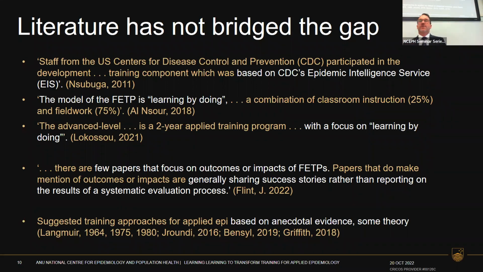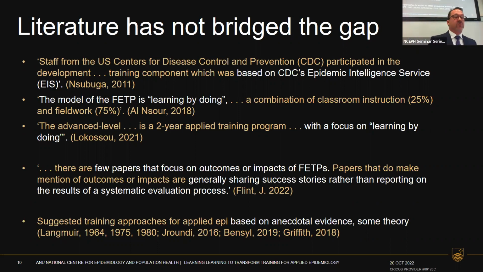FETPs tend to describe their training programs in general terms, saying it is based on EIS or it's learning by doing. James Flint, a PhD student at the University of Newcastle, has written a review of FETP evaluations. The review has not been peer-reviewed, but it has noted that while programs have published lists of outputs, like the number of outbreaks investigated, few present outcomes or impacts.